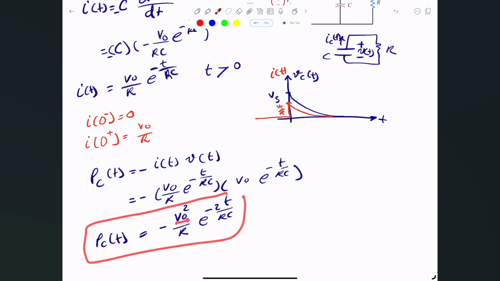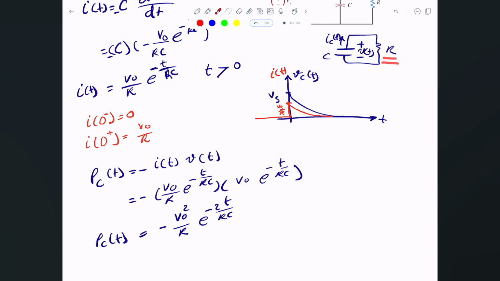Why is it provided? Because V0 squared is positive, R is positive, this exponential is positive, so it's negative. We know the capacitor will have a negative power because it is not generating but releasing power. If you compute the same thing at the R, you should end up with the same solution, just with a positive sign.